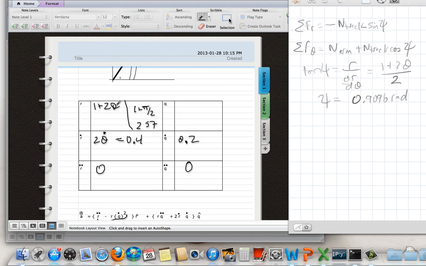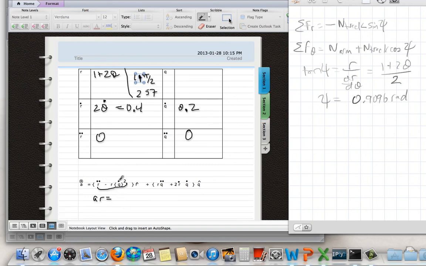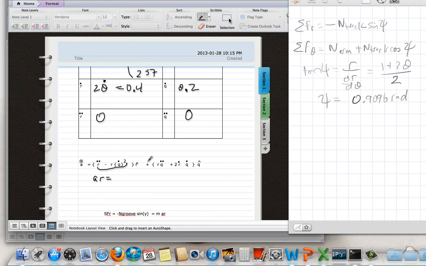The pi over 2 comes from twice the pi over 4 angle that we're working with. And then you multiply that by theta dot squared.